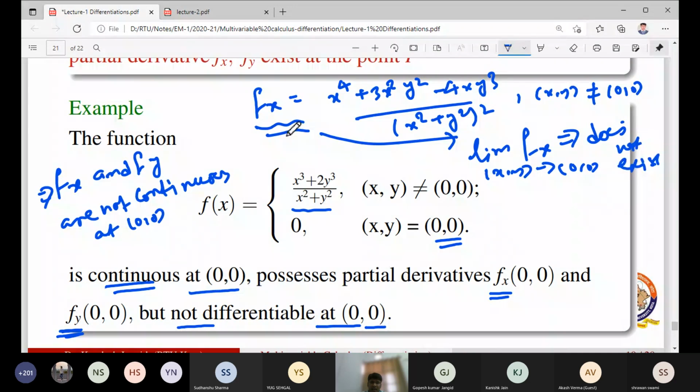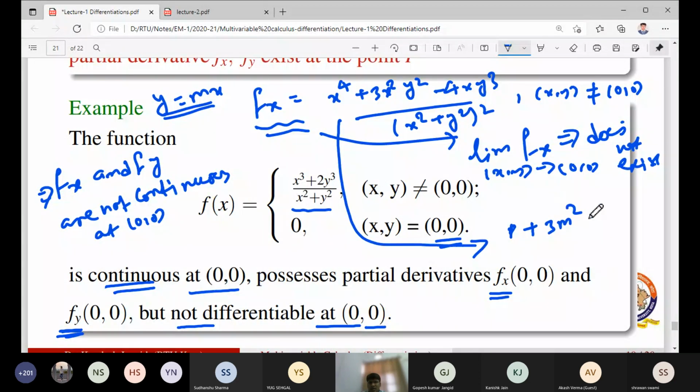Because if you take here y equals to mx as a path, यदि आप यहाँ पे y equals to mx path लेंगे, then if you put the value of y equals to mx here and simplify, we get (1 plus 3m square minus 4m cube) divided by (1 plus m square) whole square.